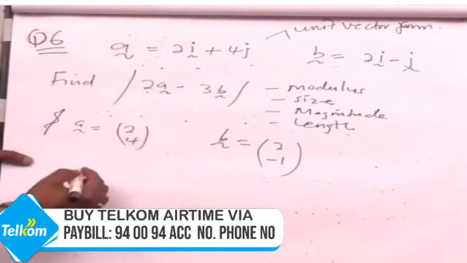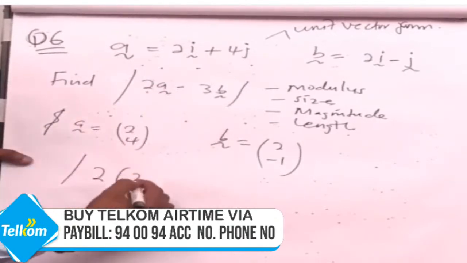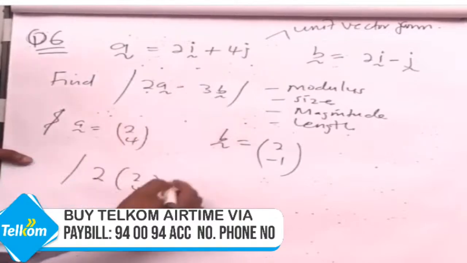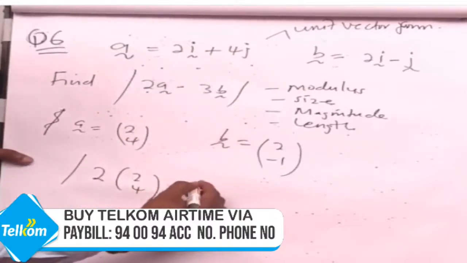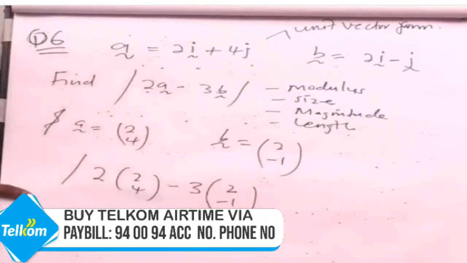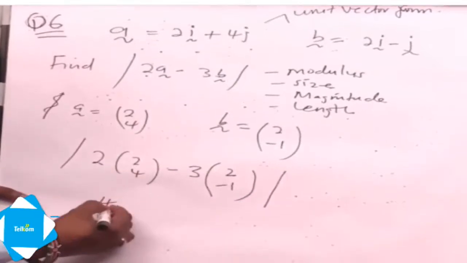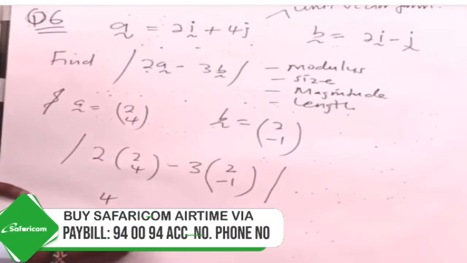Then come and replace here. Modulus of 2 times A. What is our A? 2, 4. Then minus 3B. 3 times what is our B? 2, minus 1. You replace that. So 2 times 2 is 4. 2 times 4 is 8.